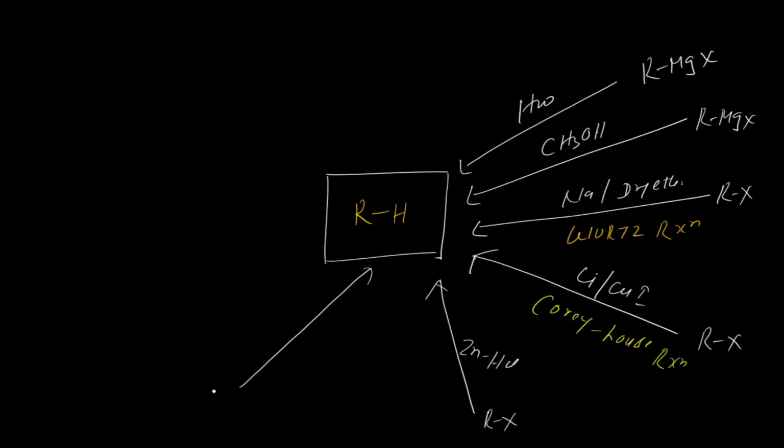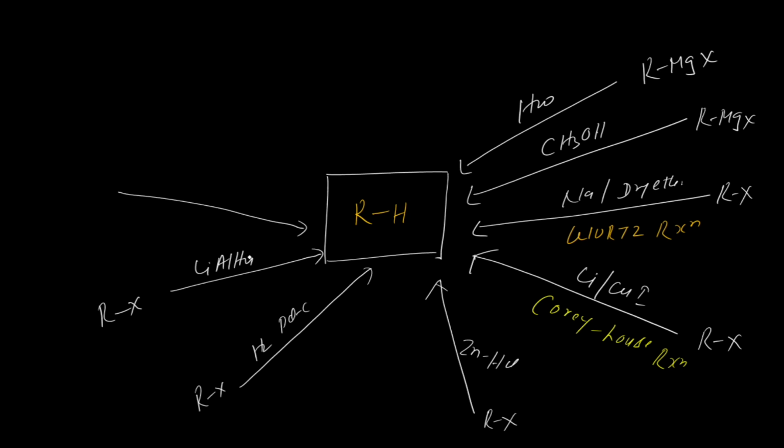And again we can use the alkyl halide when it is reduced with palladium or platinum. This is the catalytic hydrogenolysis. Again, when alkyl halide reacts with lithium aluminum hydride or sodium borohydride, this is the chemical reagent where the hydride ion is used.